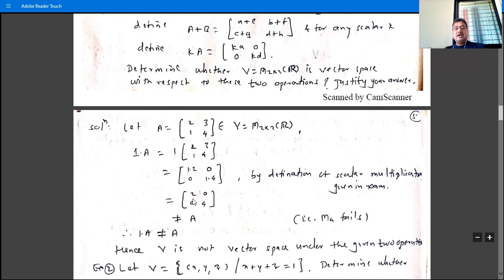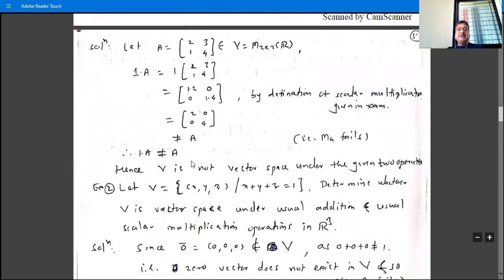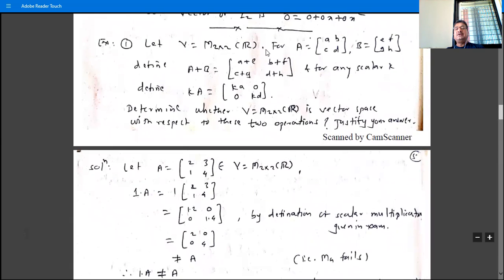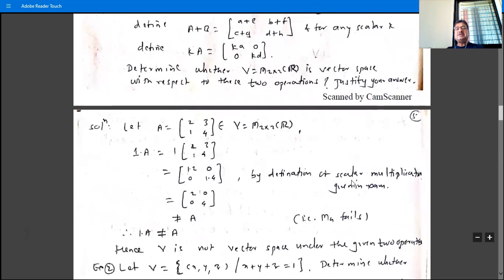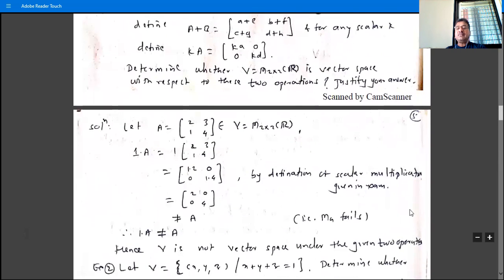So we have the answer (2, 0, 0, 4), and this is not equal to A, which is (2, 3, 1, 4). So 1 times A is not equal to A in this example. That means property M4 fails, and therefore M2×2(R) is not a vector space with respect to the given two operations.